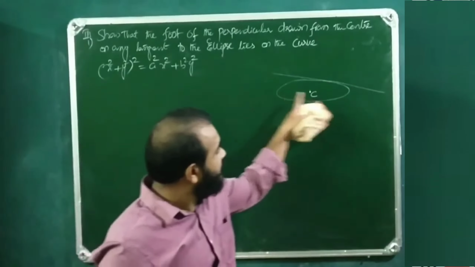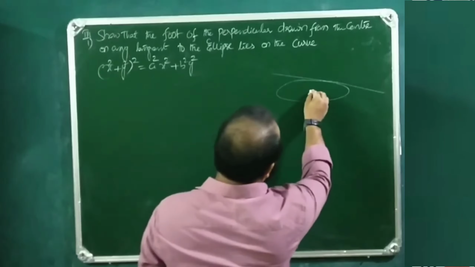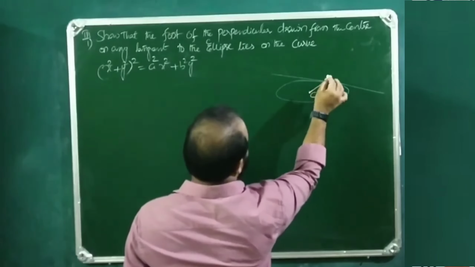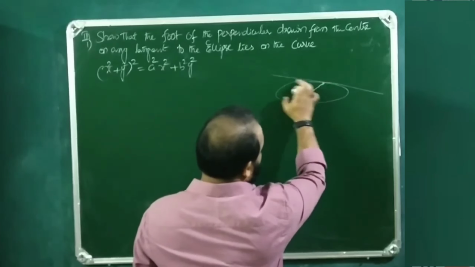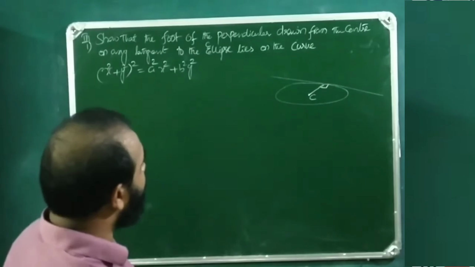Let us suppose that this is our tangent. So this is the perpendicular to this tangent.